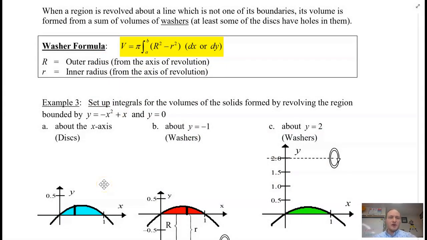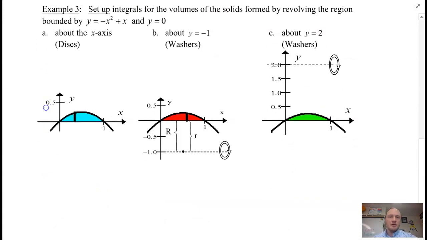I first want to start out with your prior knowledge. In example 3, it says set up the integral for volumes of solids formed by revolving the region bounded by the line y equals negative x squared plus x and y equals 0. For part A, it says about the x-axis. So our volume is equal to pi times our limits from 0 to 1 of the radius squared.